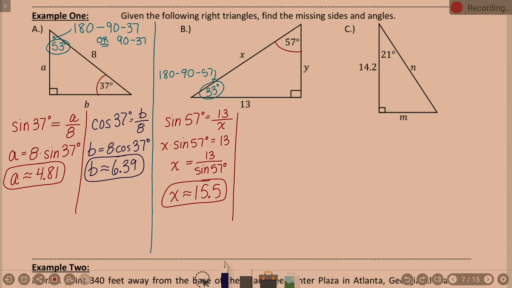Okay, we still need to find what? Y. Options to find y. I did, because they had given us the 13, I did tangent, and basically the same thing.